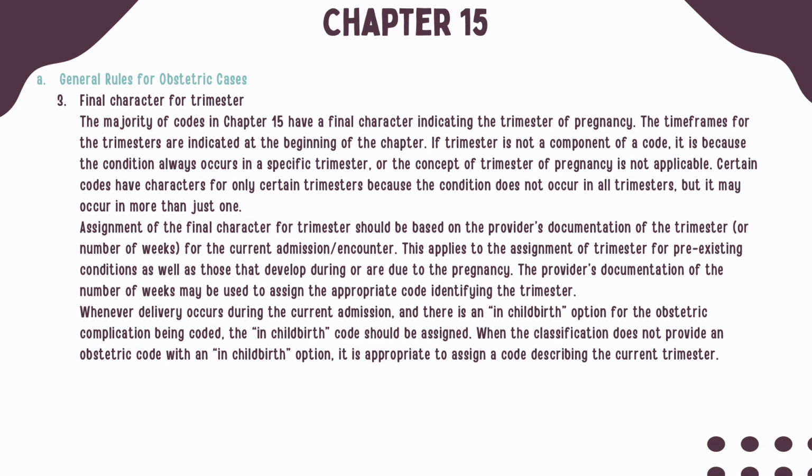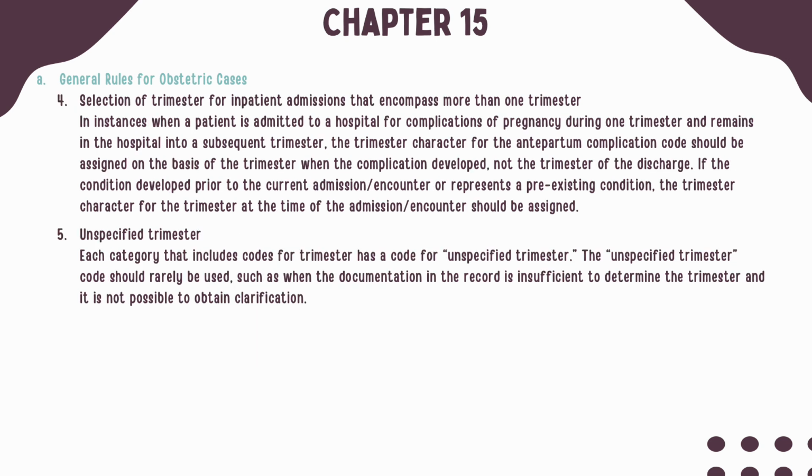If that option does not exist, then it would be appropriate to assign a code to describe the current trimester. If the patient is admitted to the hospital for complications and moves into the next trimester during the admission, the trimester for the complication code should be assigned for when the complication developed. If the condition developed prior to the admission or the encounter or is a pre-existing condition, the character for the trimester at the time of the admission or the encounter should be assigned.